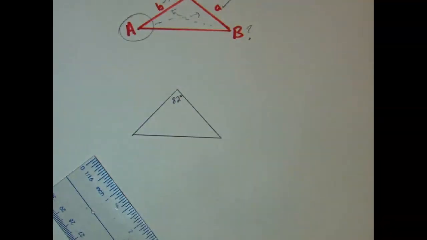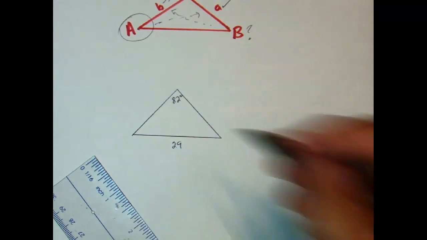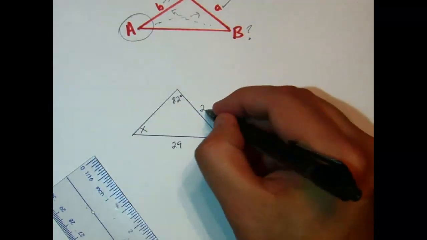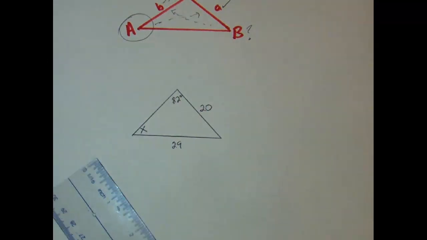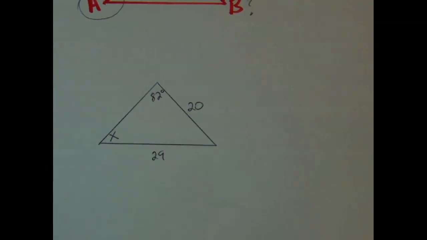That's a given. And we have the side across from it, 29. And then I have X. That's an angle I'm looking for, but I do have a corresponding side of 20 right here. So let's solve for the missing angle X.